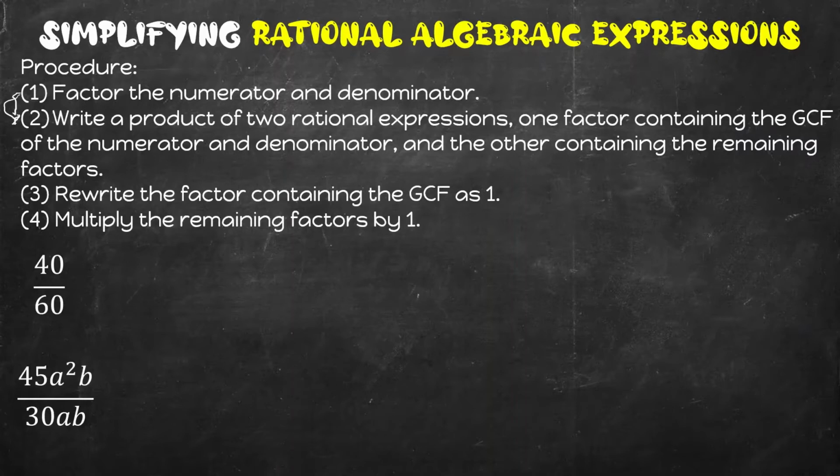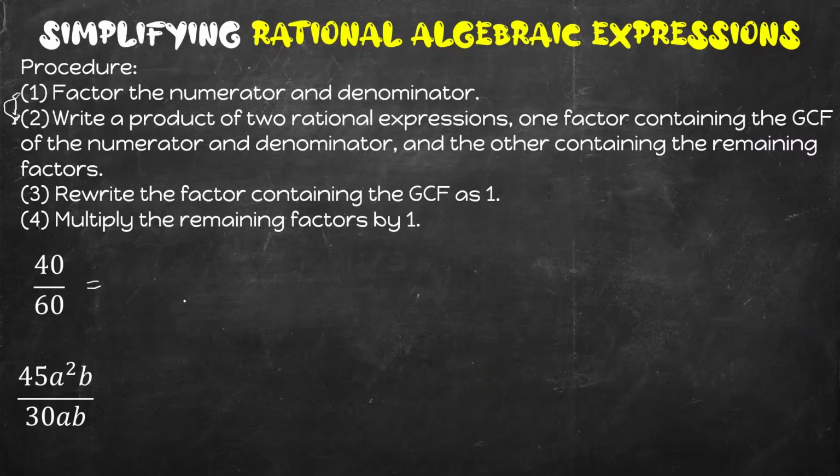Okay, so without further ado, let's get started in solving para hindi na masyadong nakakalito yung ating procedures. Okay, unang example natin ay we are going to simplify 40 over 60. Okay, yung rational expression natin. So, yung unang step daw natin, we are going to factor 40 and 60.